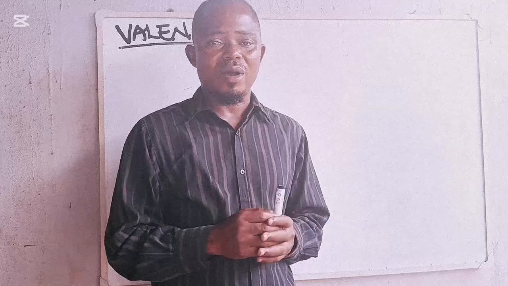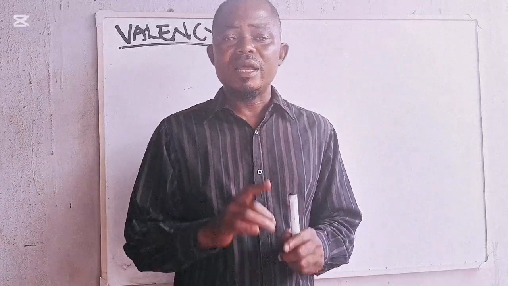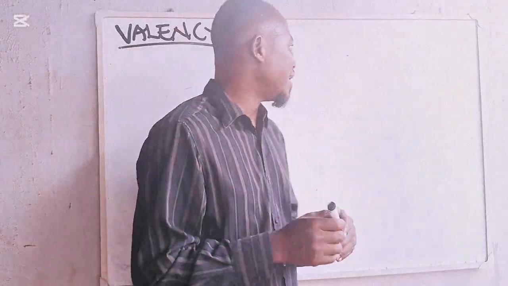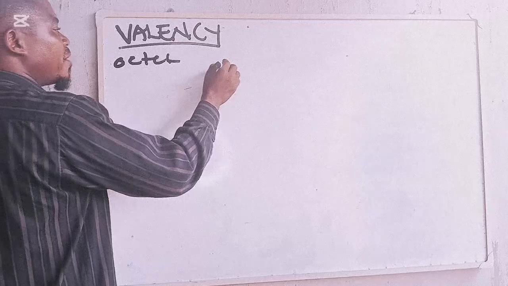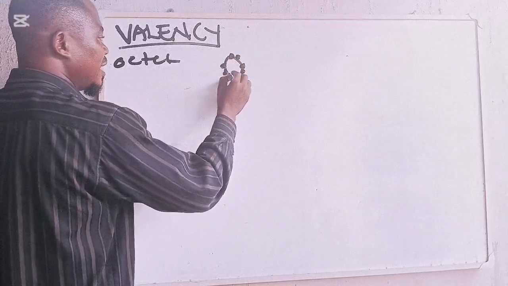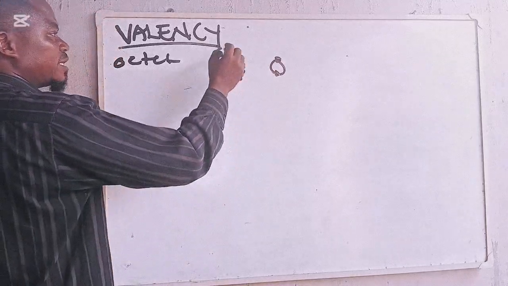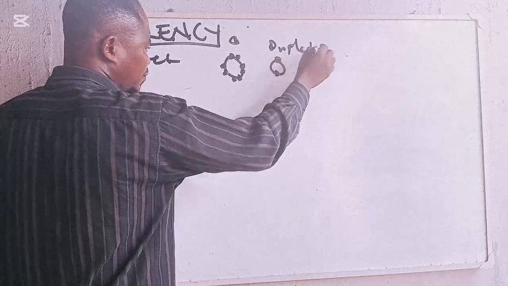The combining power. Now, elements go into combination for one reason, because they are unstable and they are trying to attain the noble gas configuration, which is the octet configuration, whereby you have 8 electrons in the outermost shell or 2 electrons in the outermost shell. So a stable structure, either the octet structure or the duplex structure.